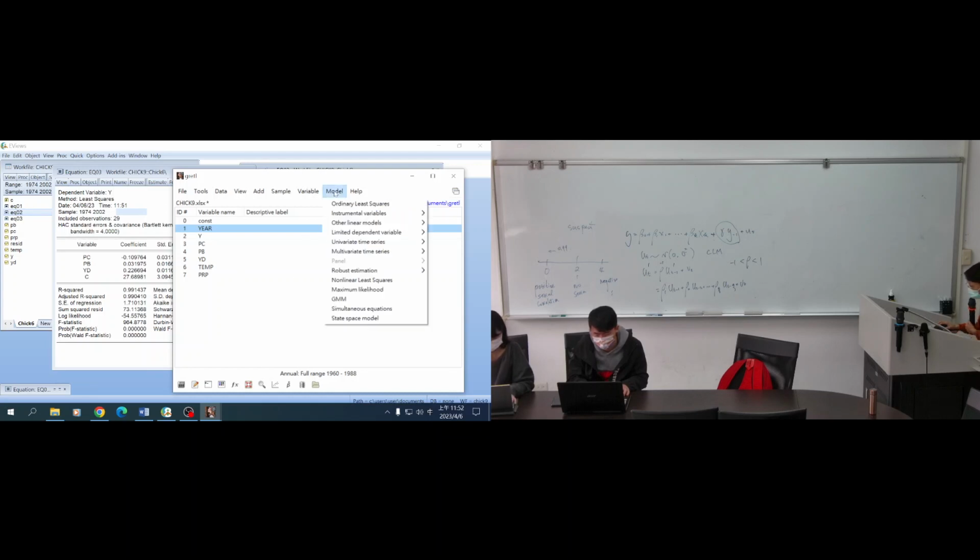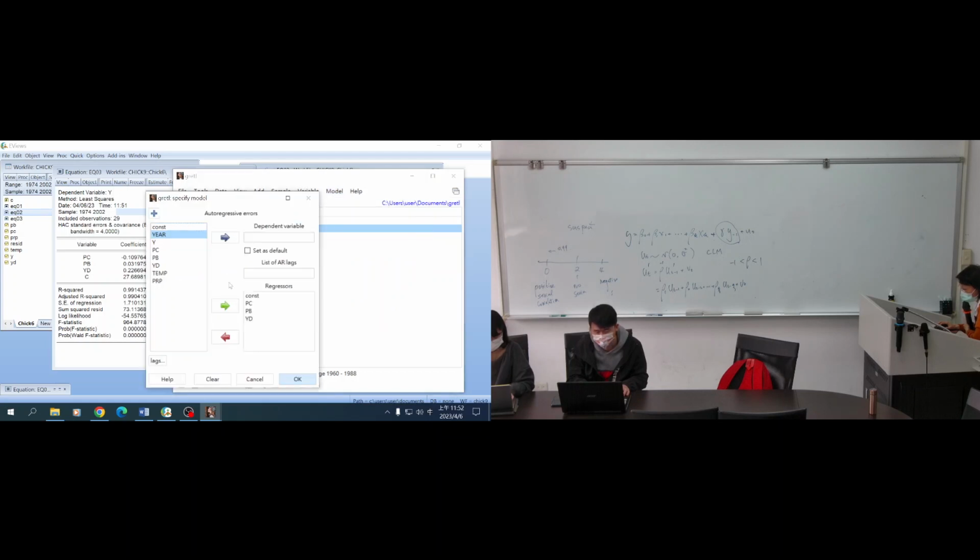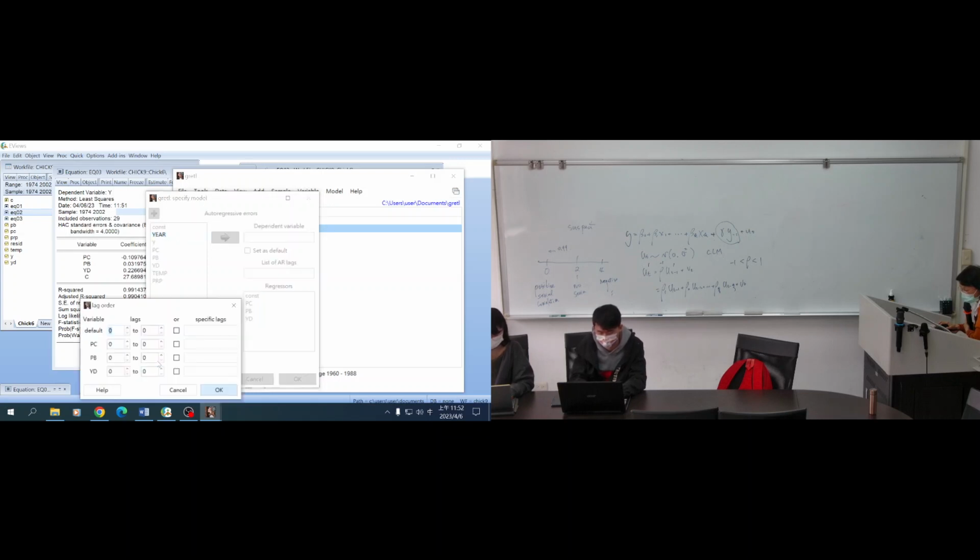Model, univariate time series, AR, then I hit general and lex, 1. Let me see, 1. To 1. Let's see.